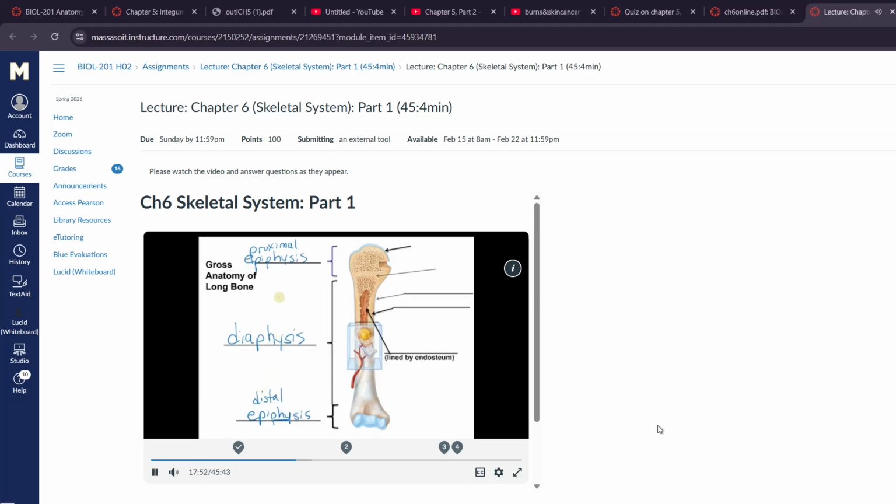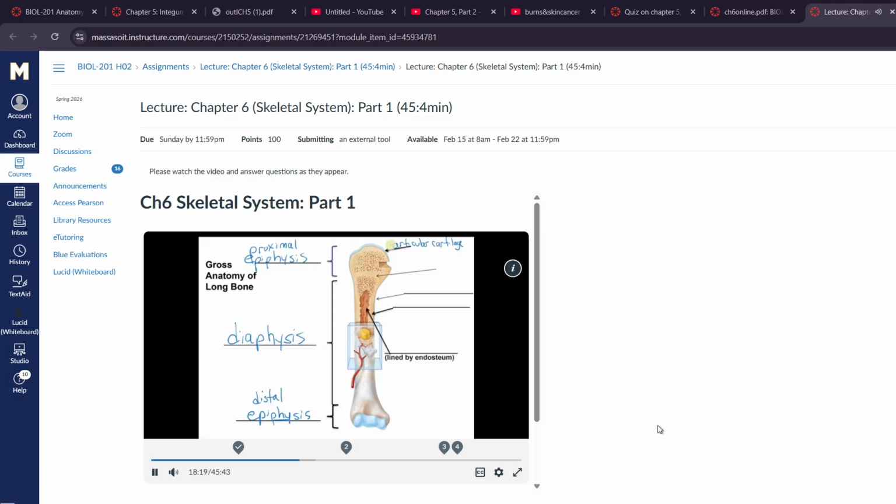Some other structures, you'll notice there's a blue coating on the top and there's a blue on the bottom. That is articular cartilage. Remember, this is hyaline cartilage that covers the outside of bones where they connect. Now, covering the outside of the hyaline cartilage is something called perichondrium.